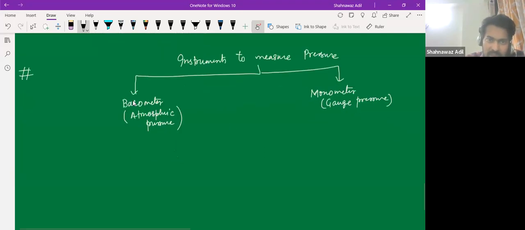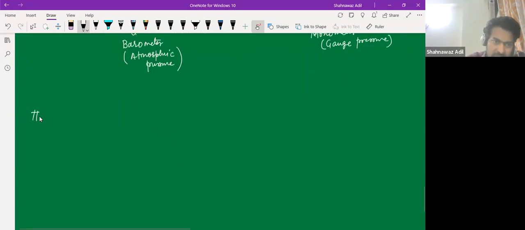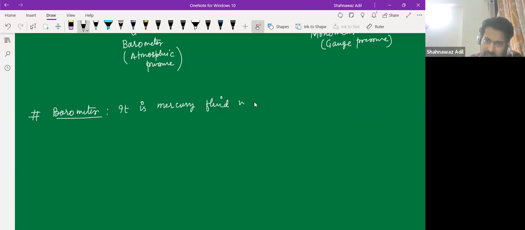So let us talk about the barometer first. In a barometer, it uses mercury fluid, whose vapor has a very negligible pressure, right?